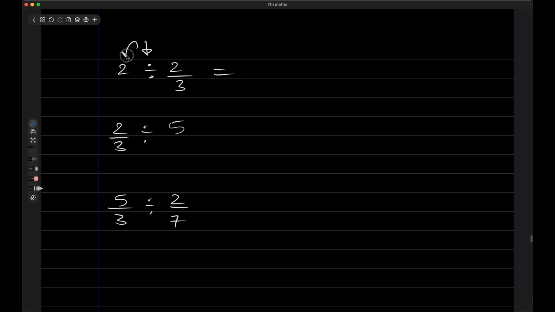We have discussed the division of whole number and fraction, division of fraction and whole number, and division of fraction and fraction. Starting from the division, the left side of the division is above the division line and the right side is below the division line.